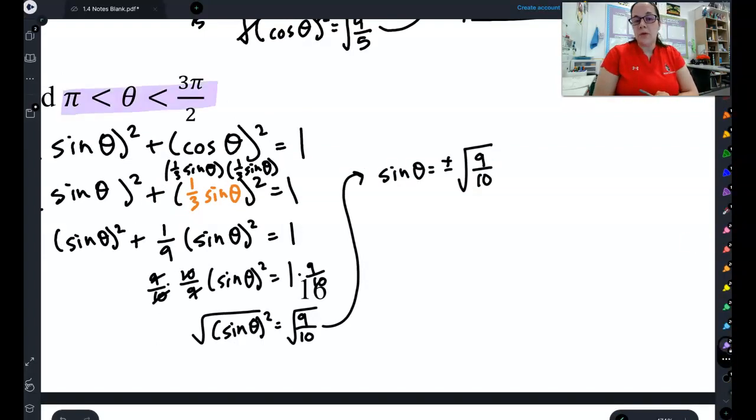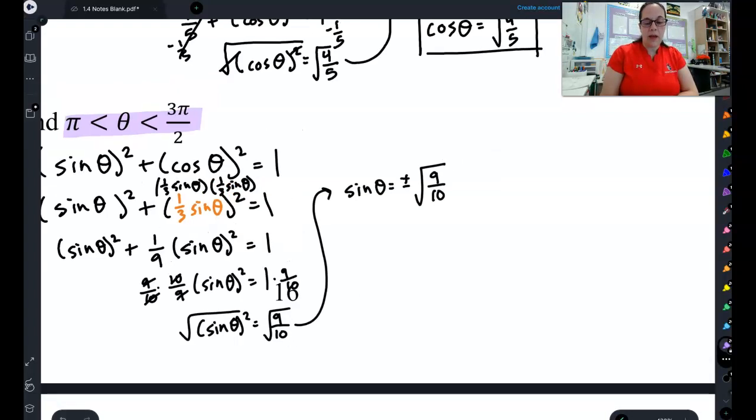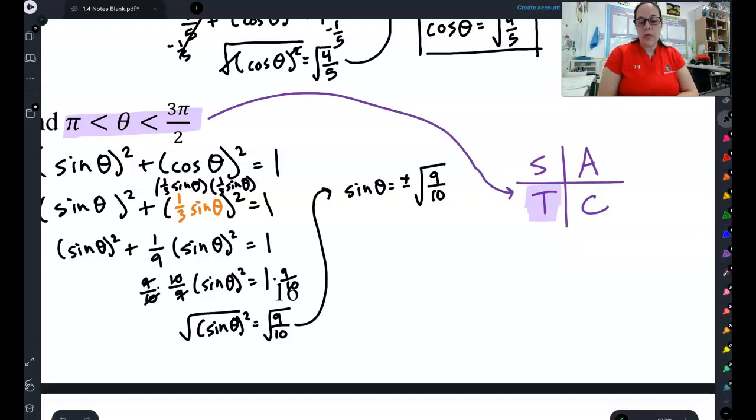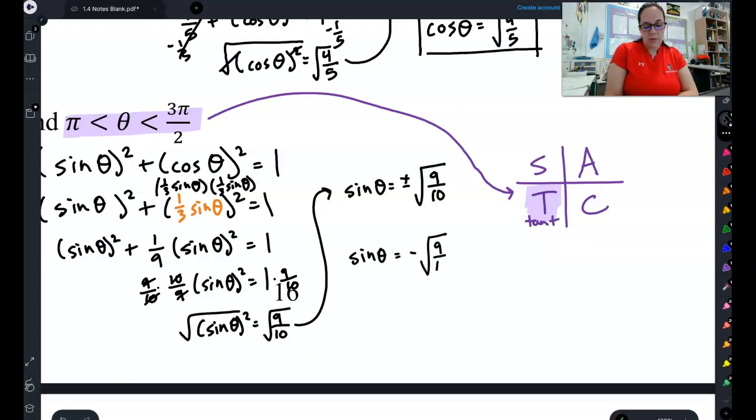My angle is between pi and 3 pi halves, so I think all students take calculus. If it's between pi and 3 pi halves, that's going to be my third quadrant. So in my third quadrant, tangent is positive, and all the rest of them are negative. So that means sine of theta will be negative.